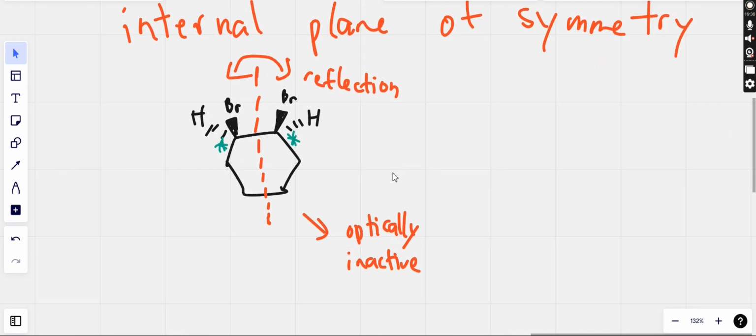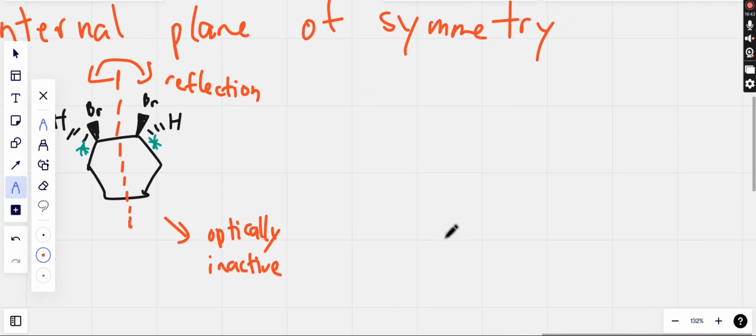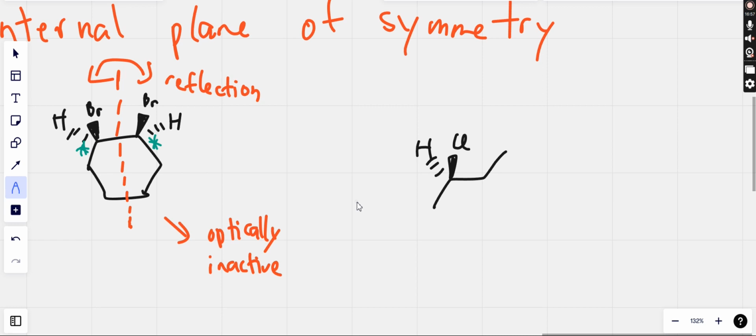Sometimes the questions are not so kind. This case is a simple molecule, but sometimes it can be trickier. So let's say I have something like this. Let me draw the skeletal formula. It's like that, and then I have chlorine here, and then hydrogen, and here I have hydrogen, here I have chlorine.